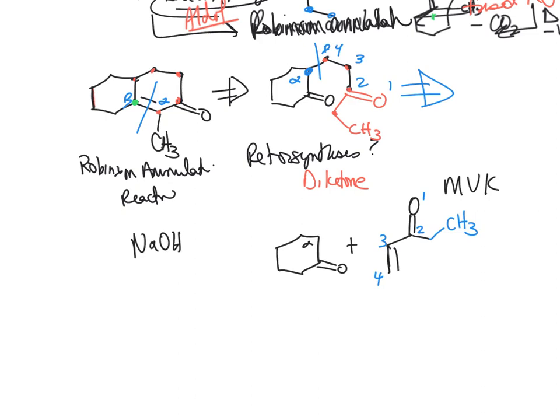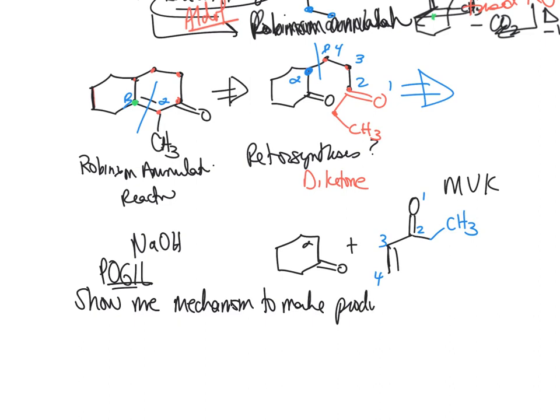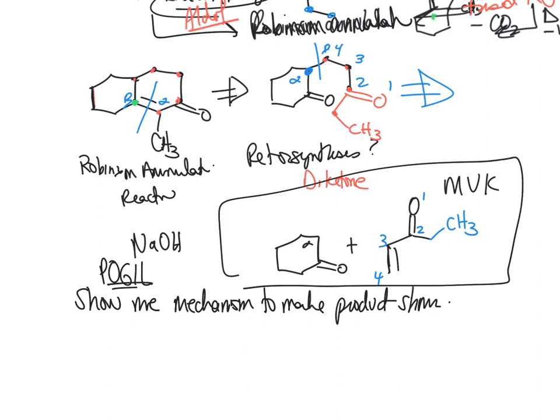So what I would like for you to do is two things. I would like for you to show me, this is for your online POGL, the mechanism to make the product shown here. So I've given you the first step in base.